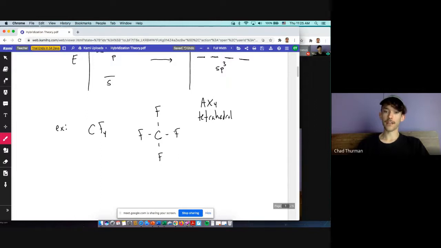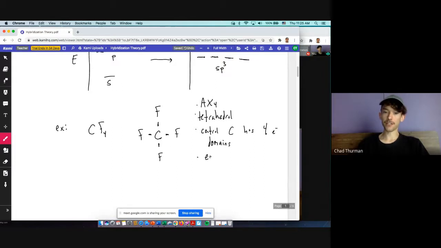I'm just listing things that I know. I know that the central carbon has 4 electron domains, 4 regions where electrons show up at all.